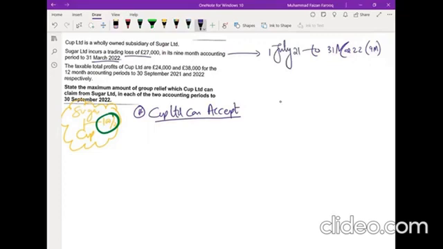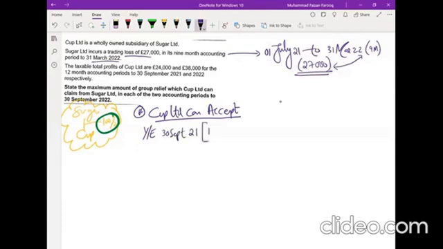Is it correct that it starts from July and ends 9 months later in March? Okay. Now Cup Limited has a year end. The first year end is 30th September 21. Am I right?